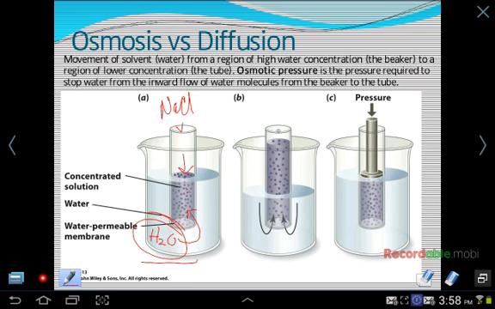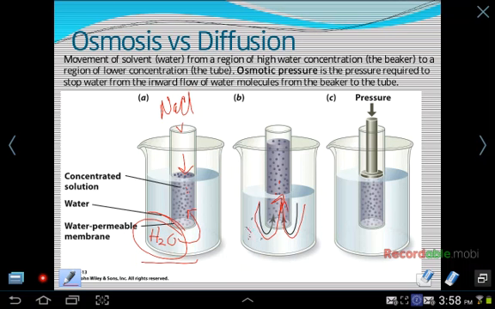Now in this instance, our tube is semi-permeable to only water. So in order to get the same concentration of sodium chloride on the inside of the tube as it is on the outside of the beaker, water is going to flow into the tube. Now you do realize that we will never get equal because there's never going to be any sodium chloride in this beaker.